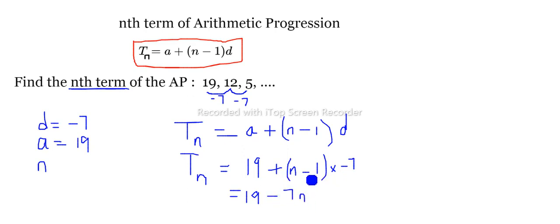Then minus 1 times minus 7 will give us plus 7. So if we collect like terms, 19 plus 7 will give 26 minus 7n. So this is the nth term expression. Knowing this nth term now, we can use it to find any other term. I believe you understand.